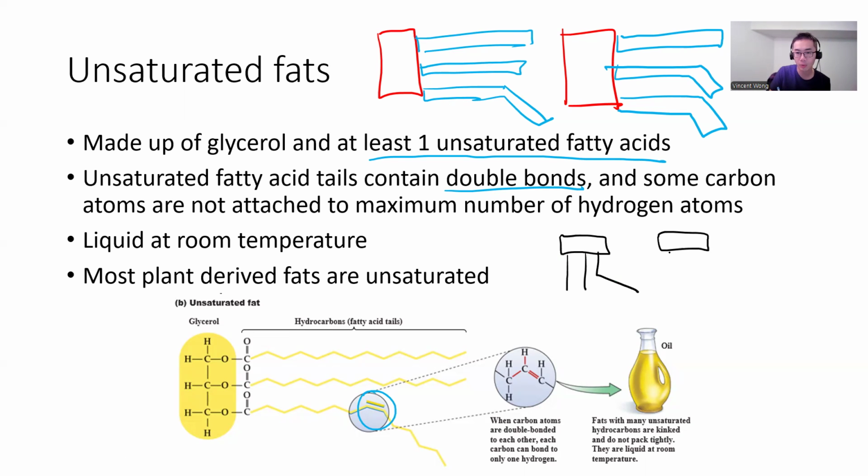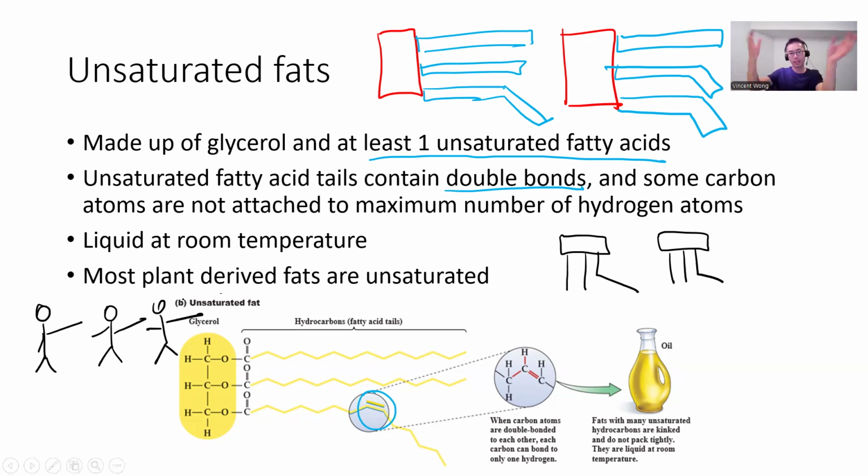So if I need to put another one next to it, this is going to be in the way. You can't get really close to each other. So back to the lining up analogy, if you stick your arm out, then this guy is not going to be able to get as close to you. And let's say this guy sticks the arm out again. So now it's not packed compactly, and so it tends to be liquid at room temperature.